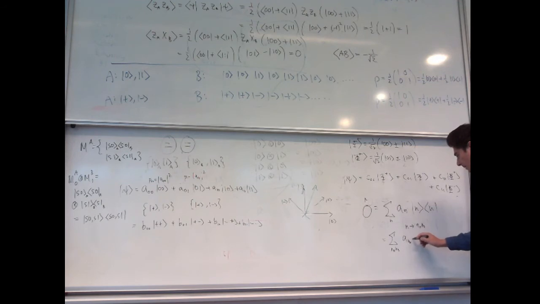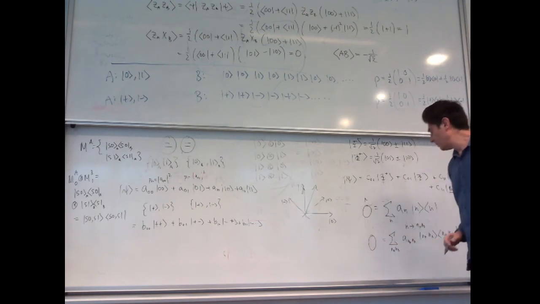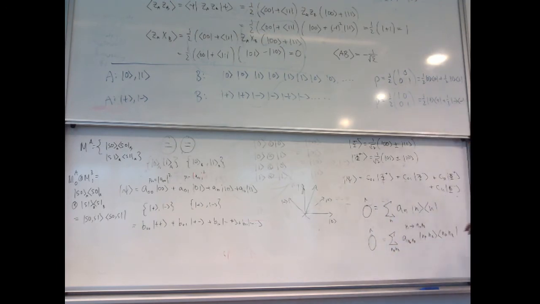Everywhere you have n, you just replace it by n_A and n_B. And that's the observable operator for the composite system.